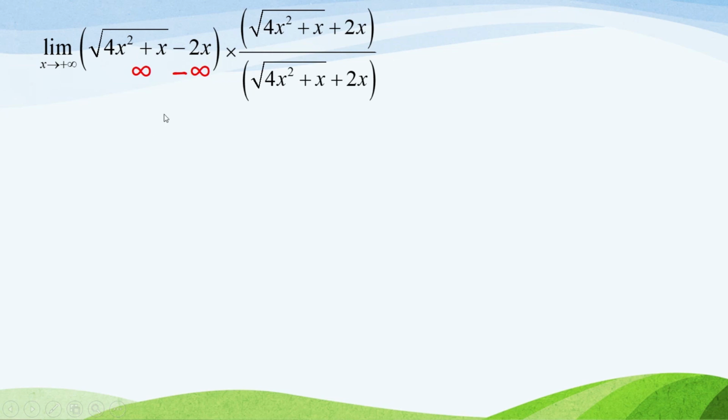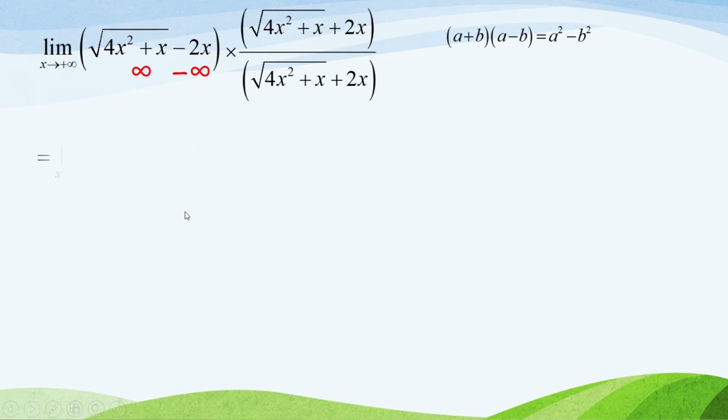Then we simplify this question. We know that (a plus b) times (a minus b) is a squared minus b squared, so we use this to simplify. The square root of (4x squared plus x) minus 2x, times the square root of (4x squared plus x) plus 2x.